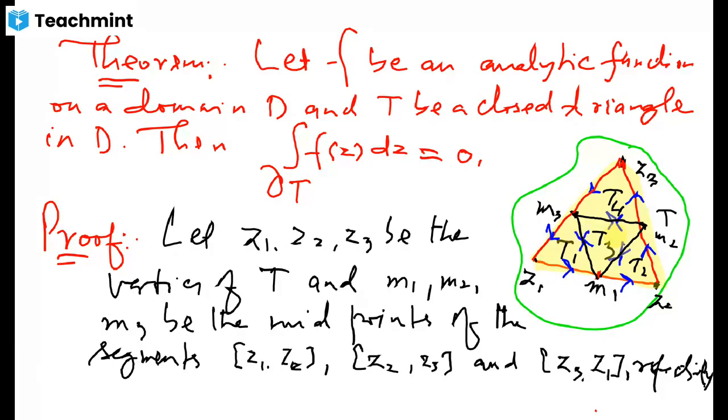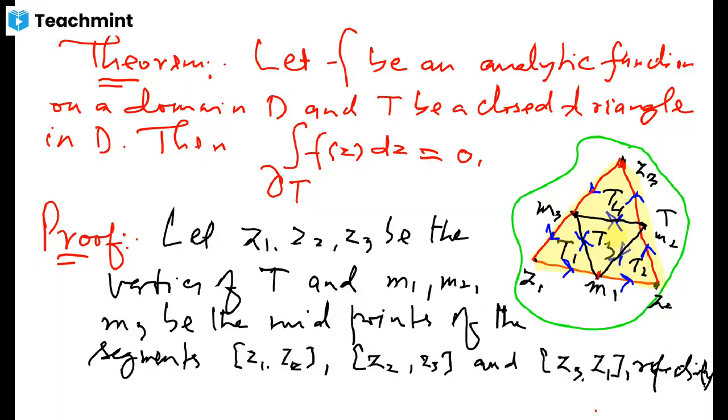So when you take the integrals over all these four triangles and sum them up, you see that the integration happens twice over the sides of this inner triangle. But what is the difference here? It happens in opposite directions. First it is from M1 to M2, then it is from M2 to M1.